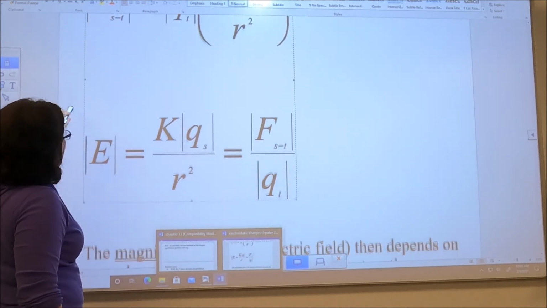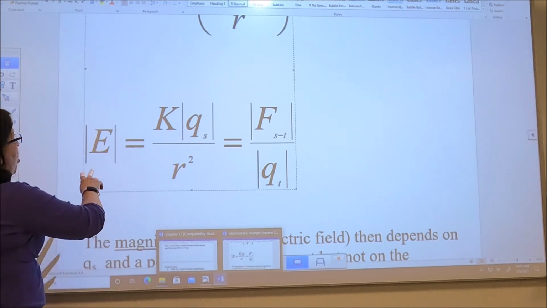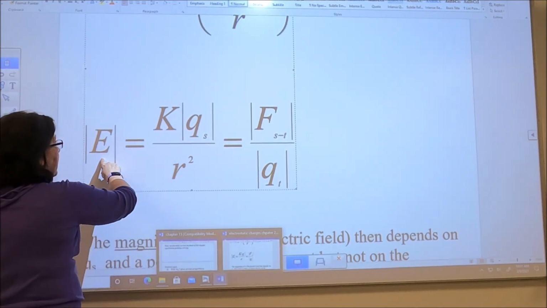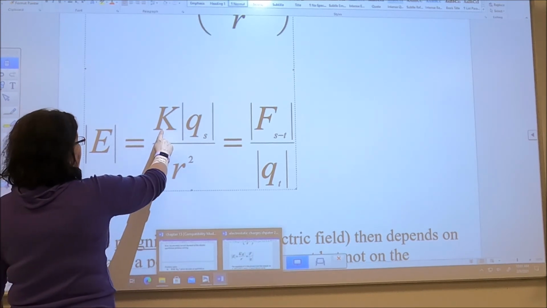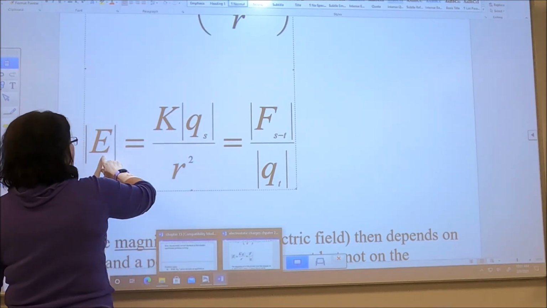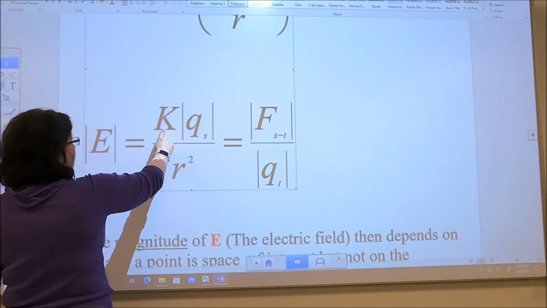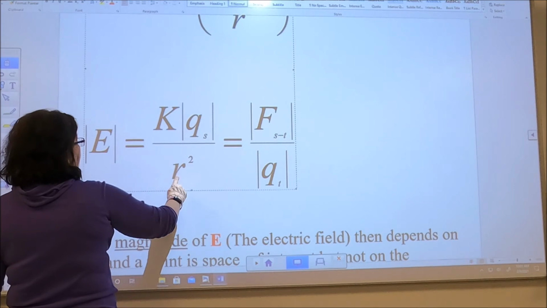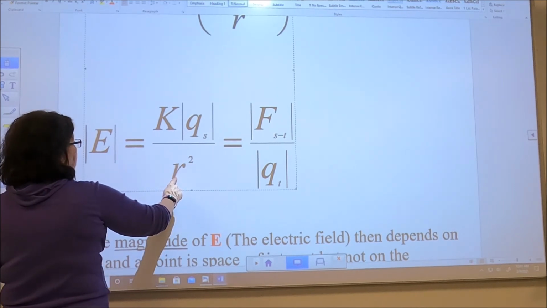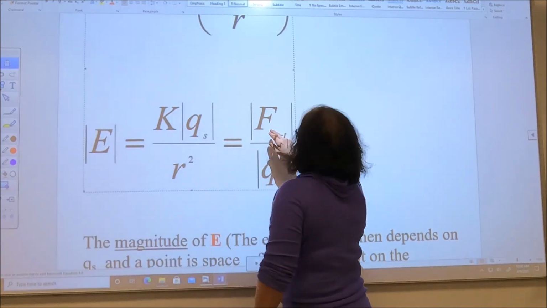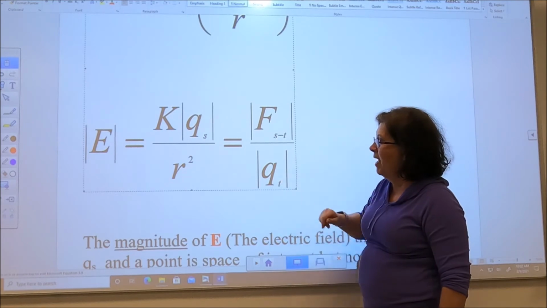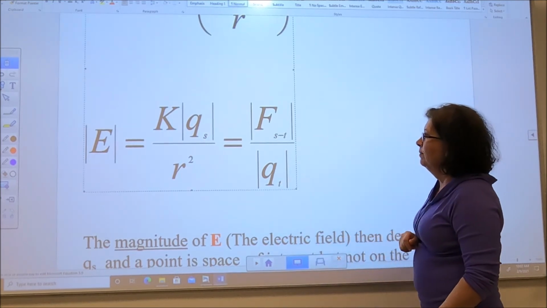We're going to call that E. E is the electric field, the disturbance in space, and it is equal to K times the source charge over R squared, where R is the location in space relative to the source charge. And that's going to equal the force that the test charge is going to experience divided by the magnitude of the test charge.